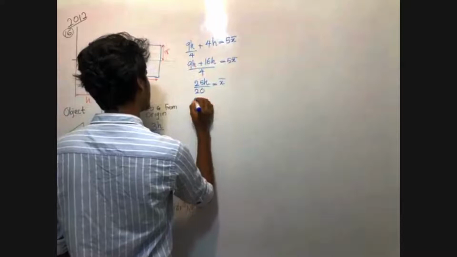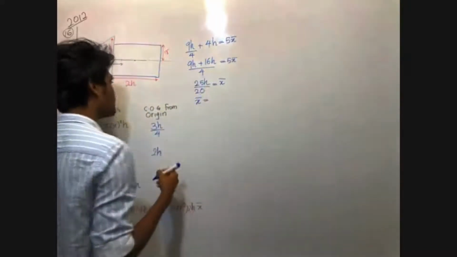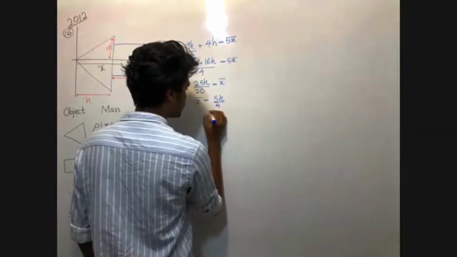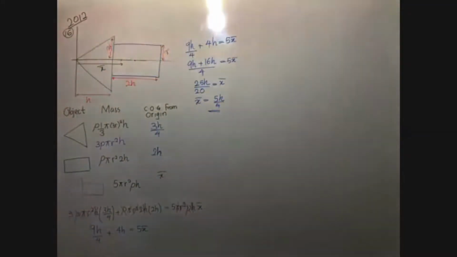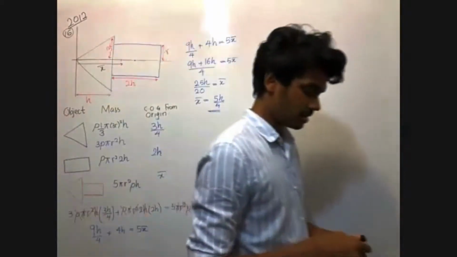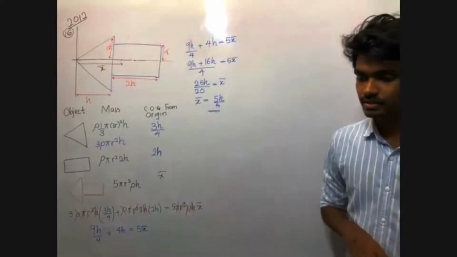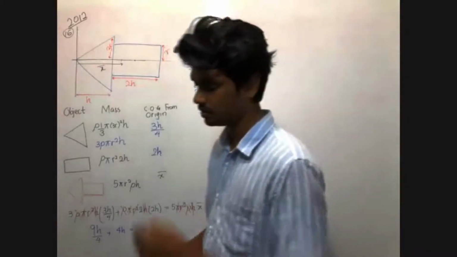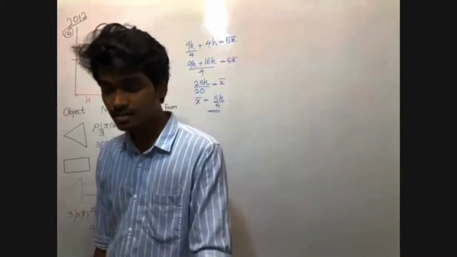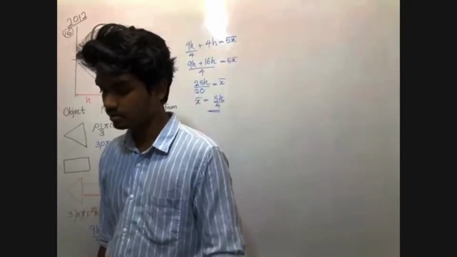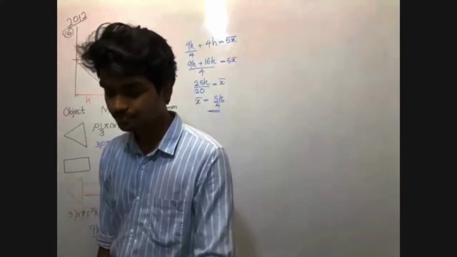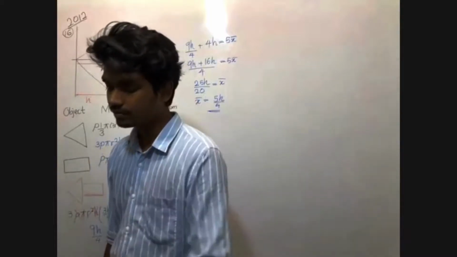When you divide up and down by 5, x bar will be 5h over 4. So that is what they have asked: the center of mass of the composite body, 5h over 4.